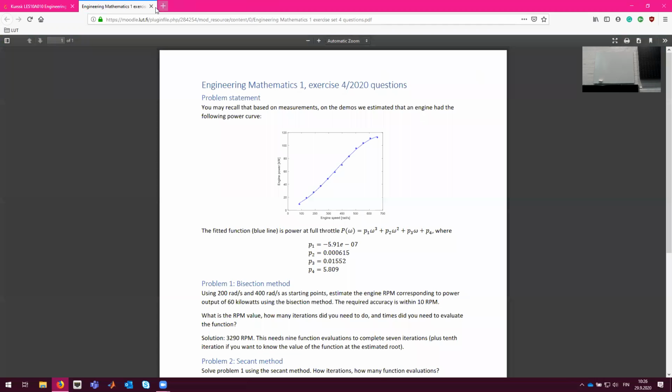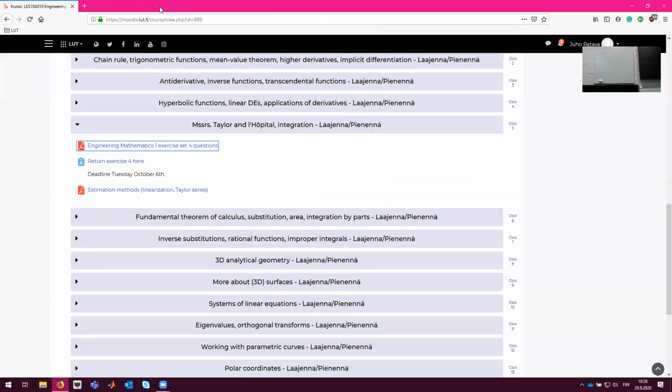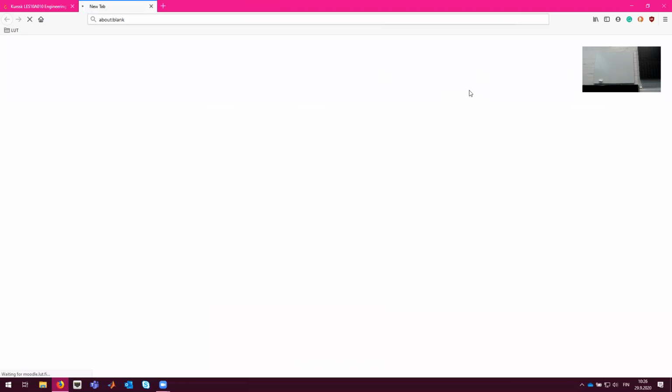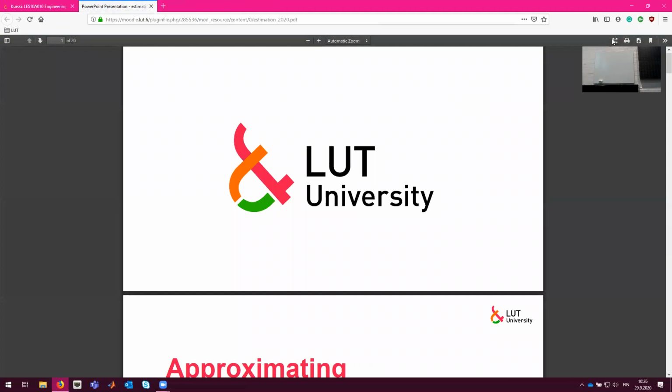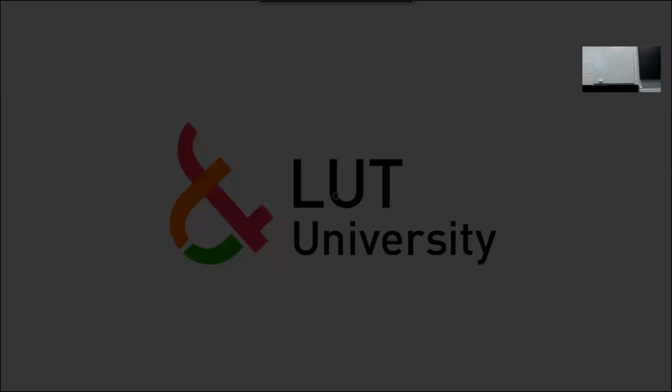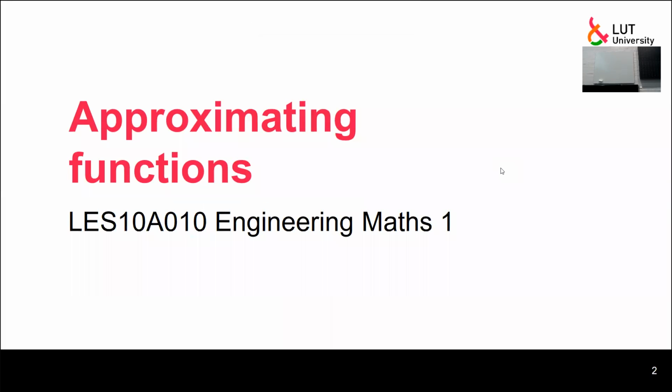Okay, but then on to this week's topic. So we'll start with linearization. It is a lot about approximating functions, something you already had in the linear case.